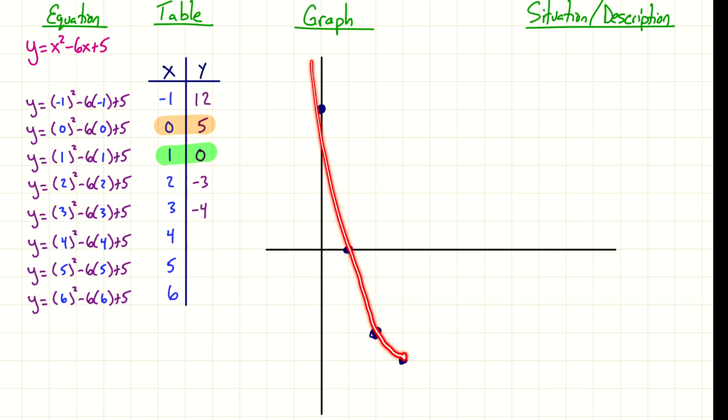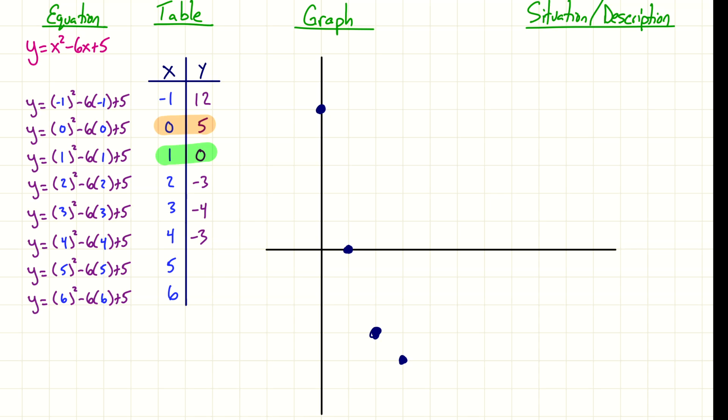Remember, we're graphing quadratics. Quadratics are not straight lines. So that means you'll notice something else is happening after this point, and I don't know what it is. This is why it's important to keep going on the table. So if I finish my table, if I plug in a 4, it's going to give me a -3.